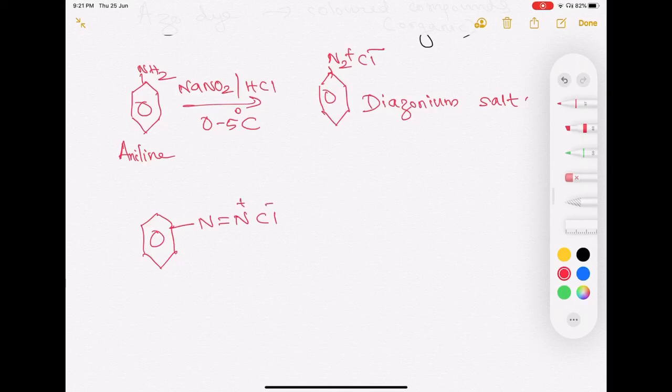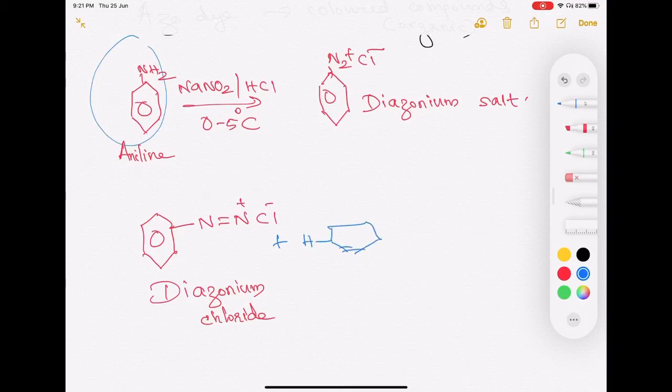This diazonium chloride I am going to react with your initial compound, that is aniline. Aniline is nothing but hydrogen connected to benzene group and it is connected to NH2 group. This and this both are same, because anyway here one hydrogen is present, right? That hydrogen I just twisted the molecule and wrote like this.